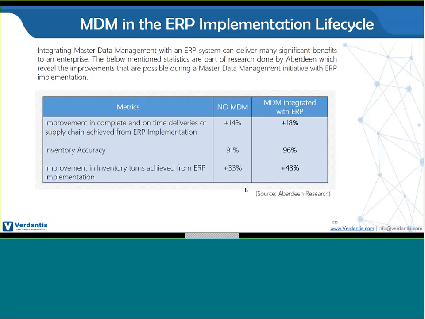So just in terms of a little bit about the numbers, Aberdeen Research did some studies about implementing ERP with and without MDM, and you can see there are some significant gains across things like improvement in accuracy.